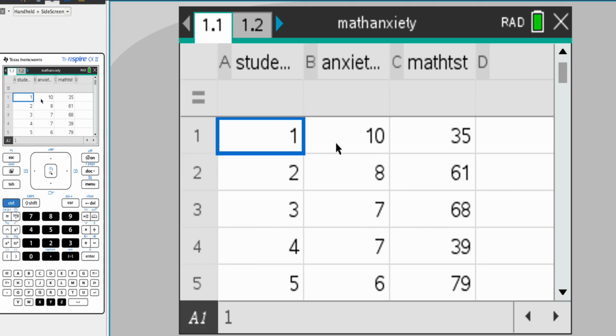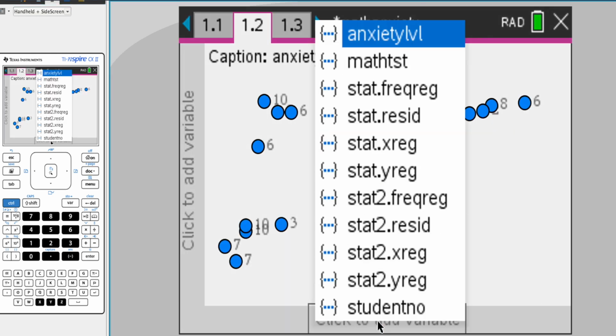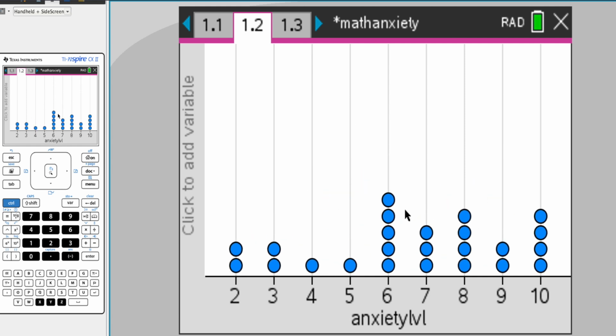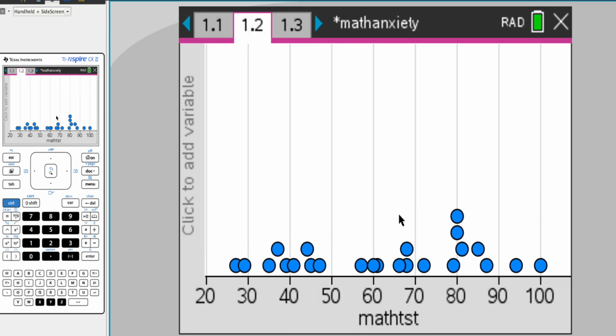Let's say we're doing math anxiety. This data you don't have, but I just wanted to show you. If I went to Control Doc and added a data and statistics page, and I'm just going to graph math anxiety level, we can see that our data is roughly symmetric and unimodal.